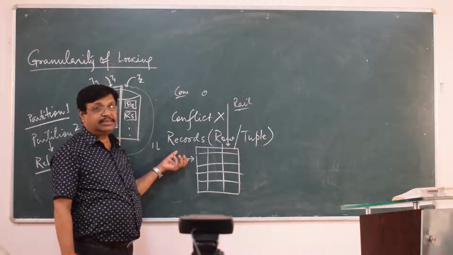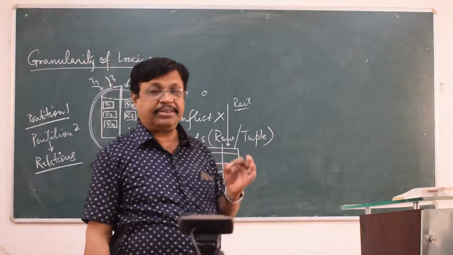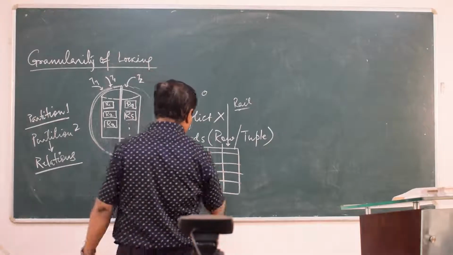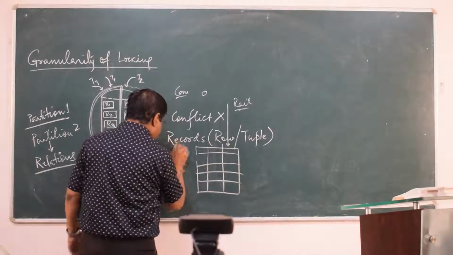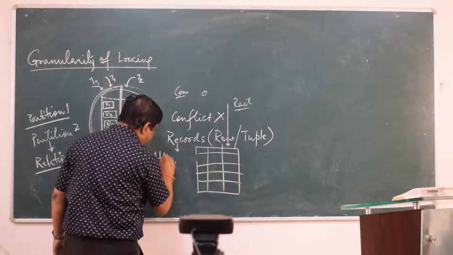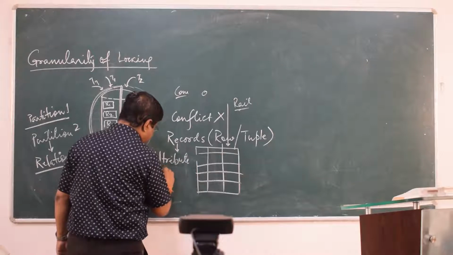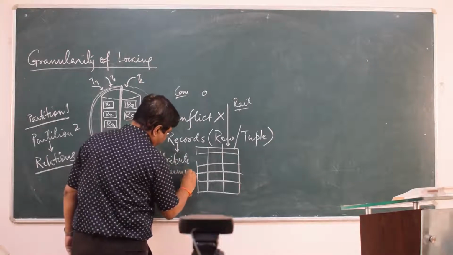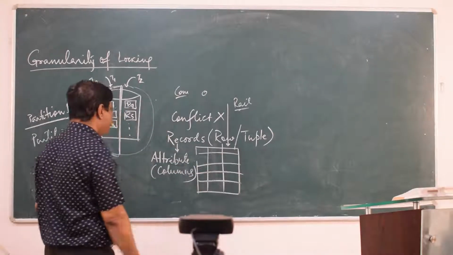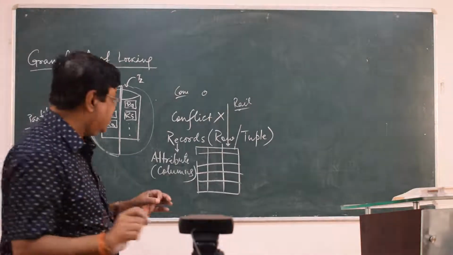Then the option is to lock a particular attribute, means column. So the finer level is locking attributes, means columns. Okay, locking a particular attribute, particular column.